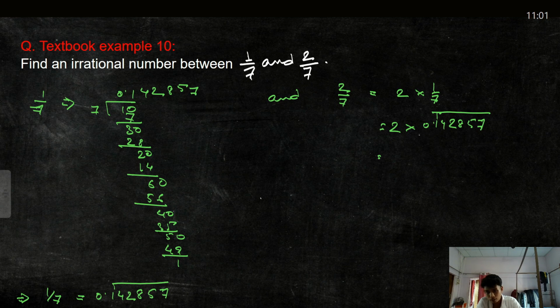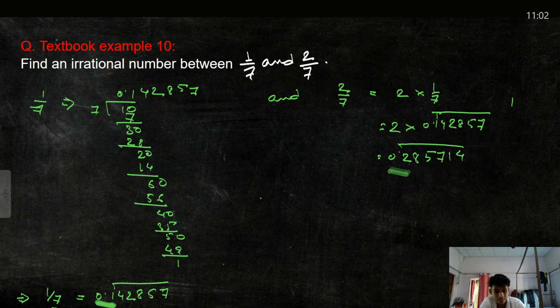Now if we multiply 2 with this, we will get the value: 7 times 2 is 14, 5 times 2 is 10, 11, 8 times 2 is 16, then 17, 2 times 2 is 4, 1 times 2 is 2, 4 times 2 is 8, 2. That implies 0.285714 whole bar. Now, in case of 1 by 7, we have 0.1 at the front. In case of 2 by 7, we have 0.2.